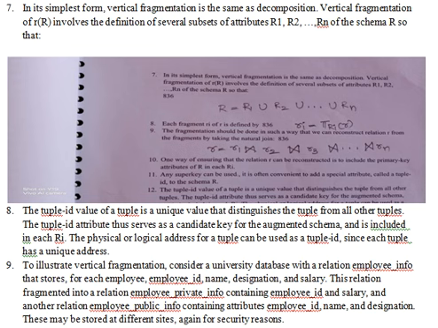attributes, R1, R2, Rn, of the schema capital R, so that capital R equals R1 union R2 union up to Rn. Now each fragment Ri of small r is defined by Ri equals pi, we are taking Ri of small r.